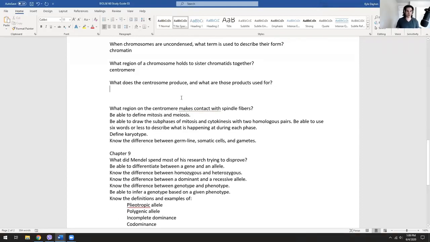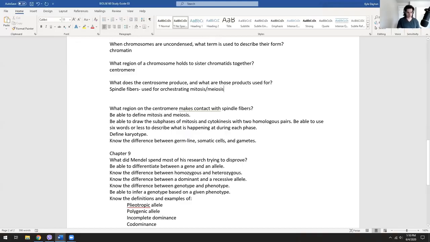What does the centrosome produce? Spindle fibers. What are those products used for? Oh, spindle fibers. Used for orchestrating mitosis or meiosis.